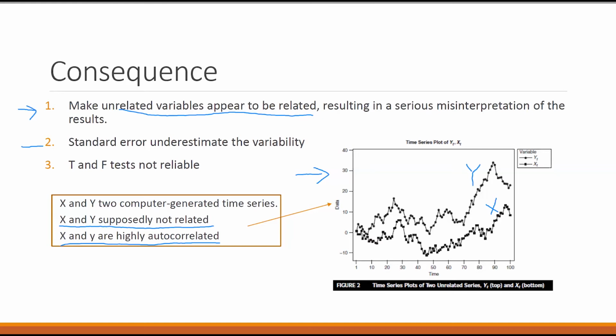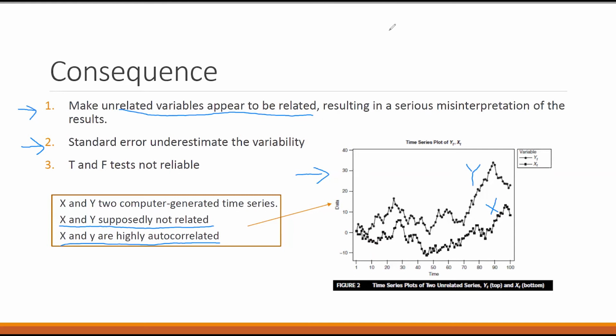Number two is that the standard error underestimates the variability. We didn't talk about the standard error much when we went over regression analysis. What it means basically is that the standard error measures, to a certain extent, how well the model fits the data.